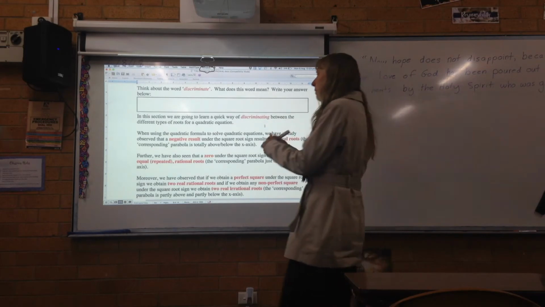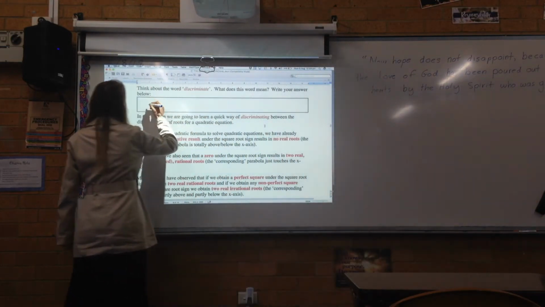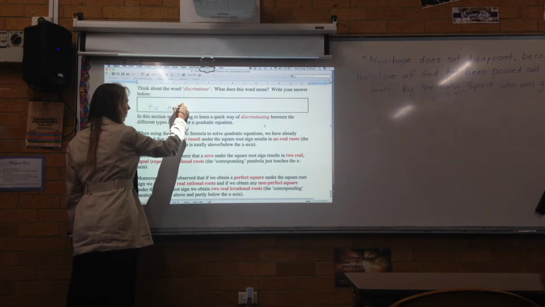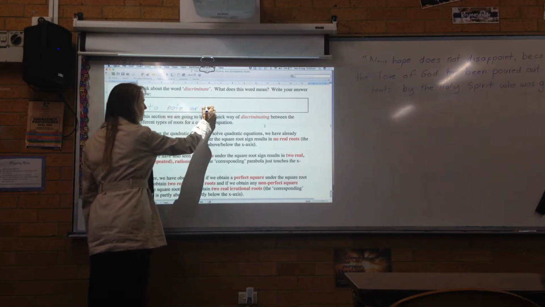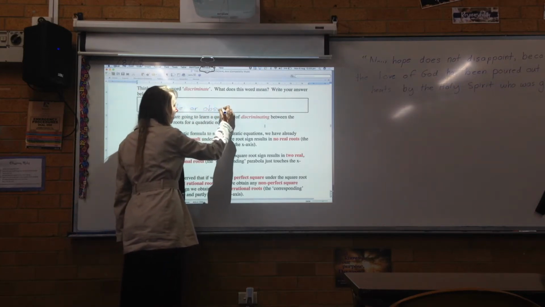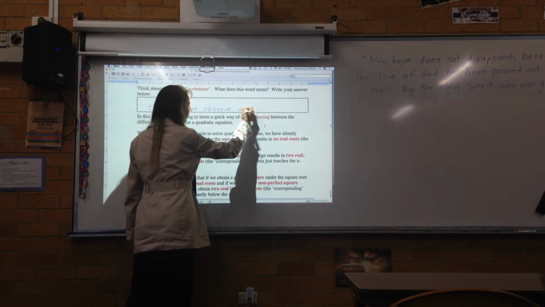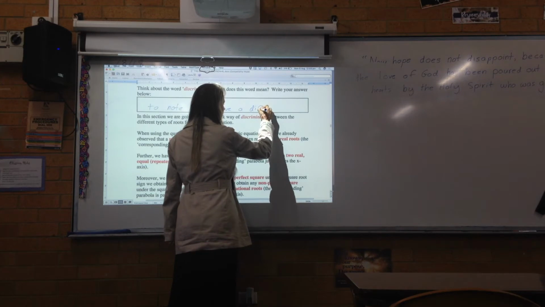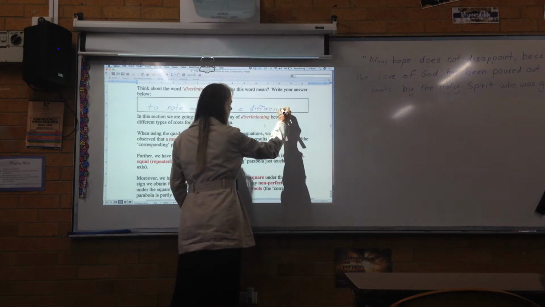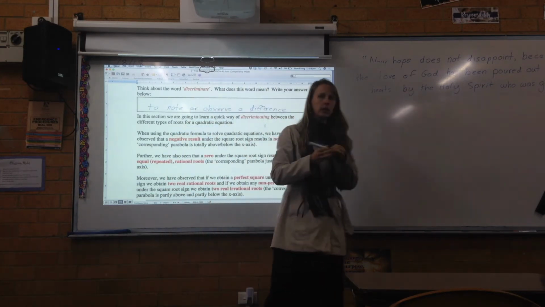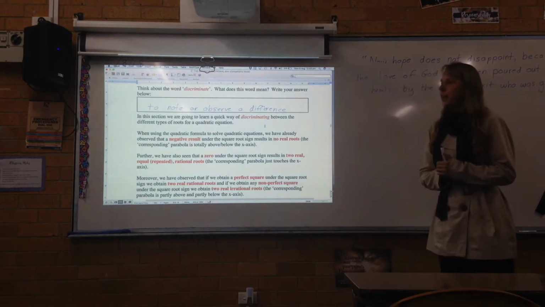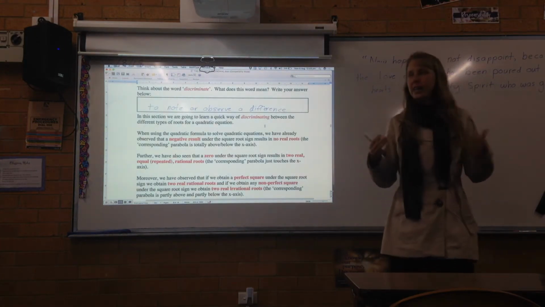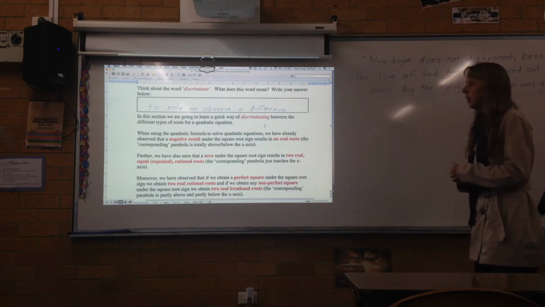The definition I'm going to write here is to note or observe a difference. Discrimination is where people are treated differently, which is not right, based on some differences.